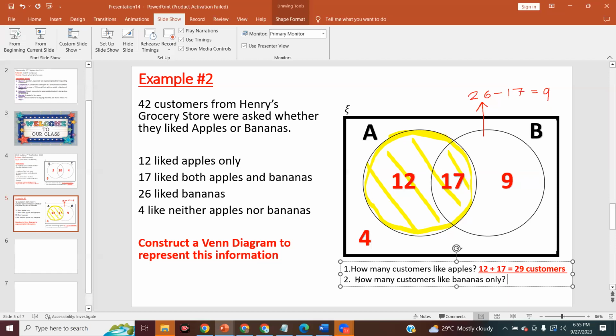All right. Bananas only. How many customers like bananas only?